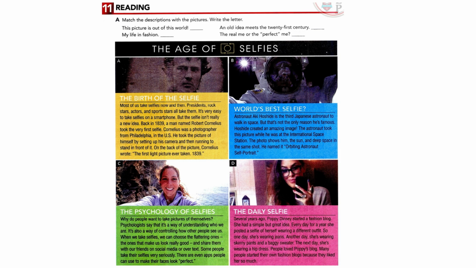Cornelius was a photographer from Philadelphia in the US. He took the picture of himself by setting up his camera and then running to stand in front of it. On the back of the picture, Cornelius wrote the first light picture ever taken.